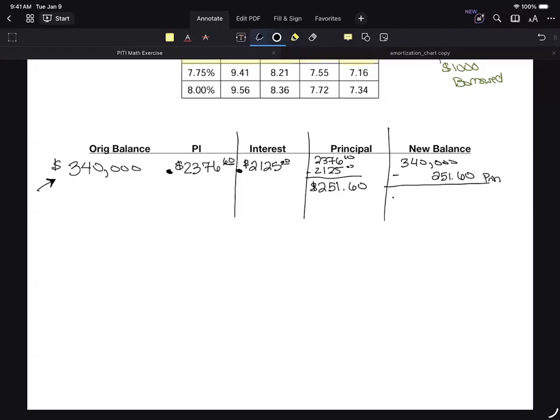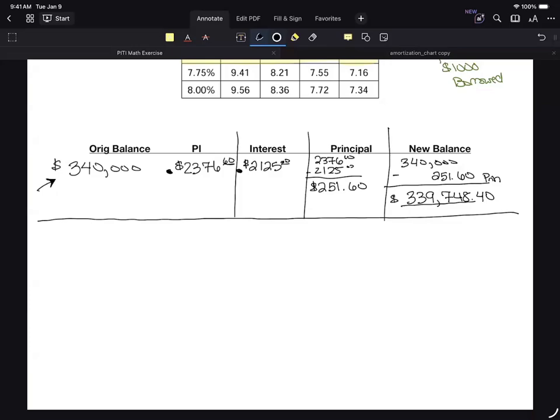So what's your new balance now? $339,748.40. Phew. You did all of that paying and you've only reduced your balance by that much.